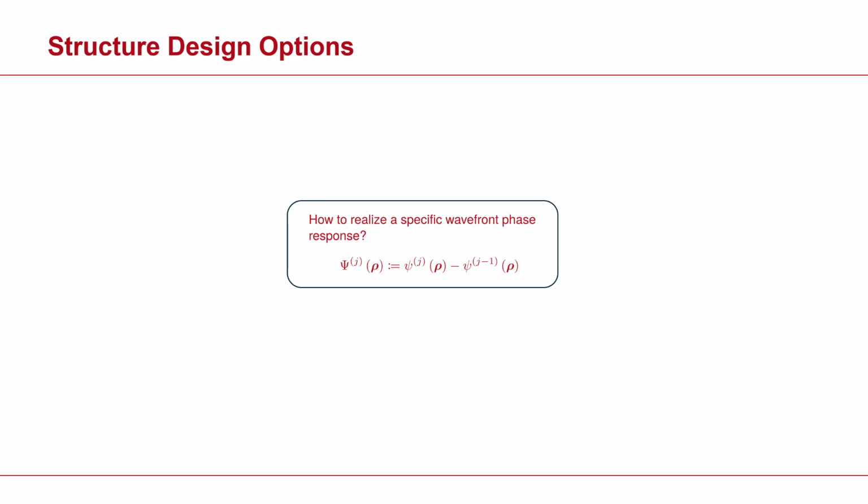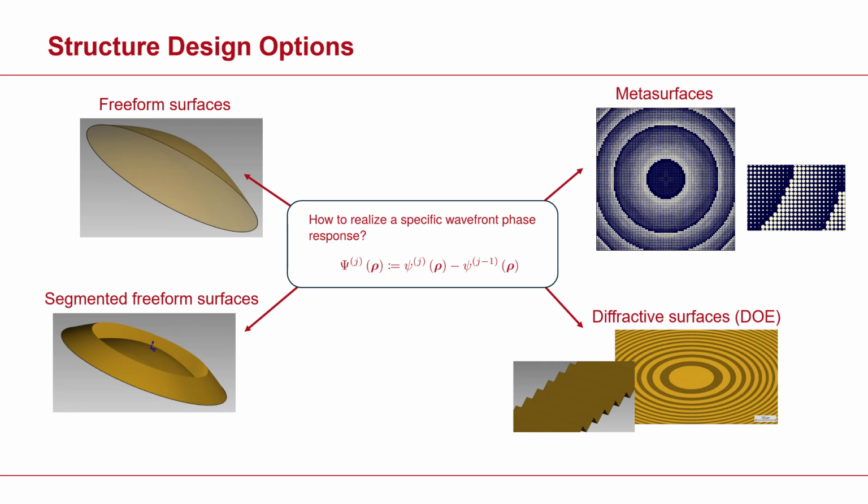And what physical embodiment we come up with to realize this desired function, to produce this wavefront phase response, is then the structural design stage of the process. And the answers there can be manifold. The figures use the particular example of a lens, but this is a more general overview.